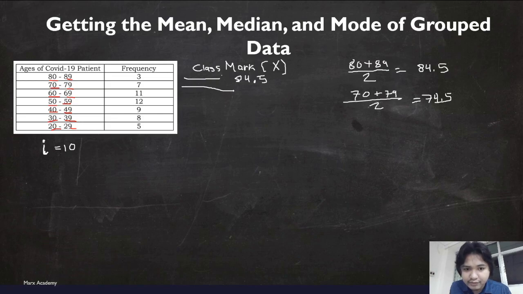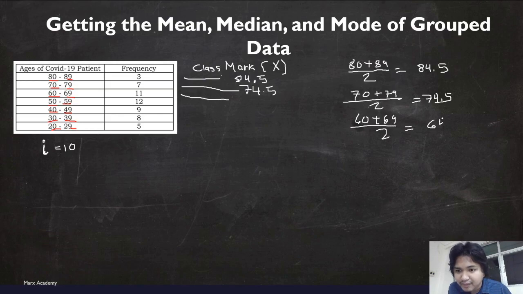Then the 60 to 69 age group over 2 would be 64.5.